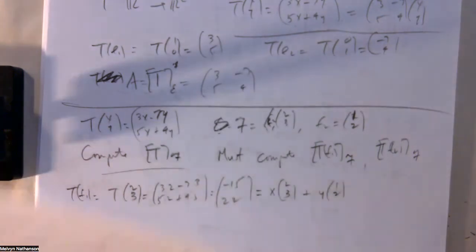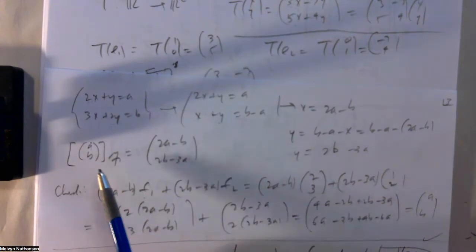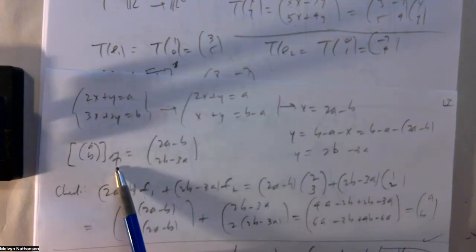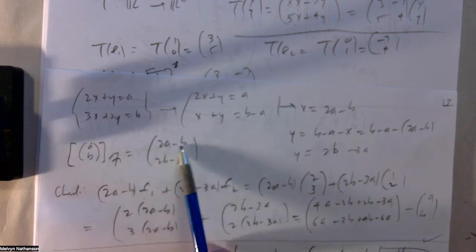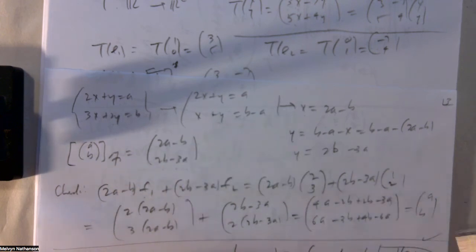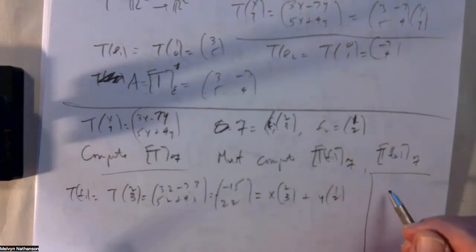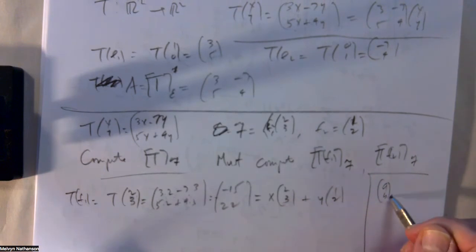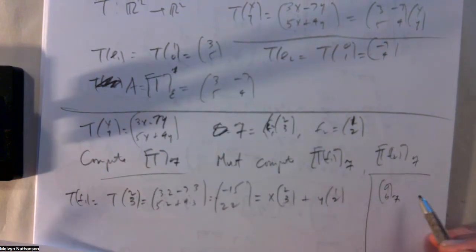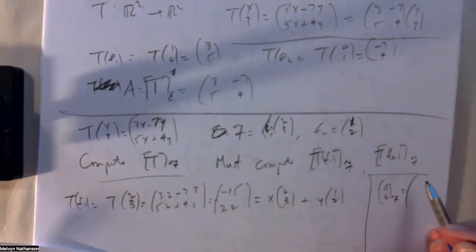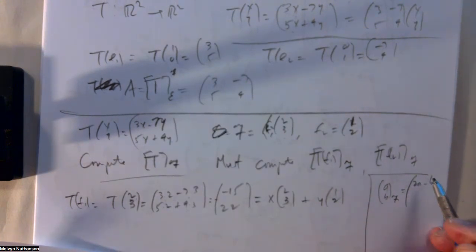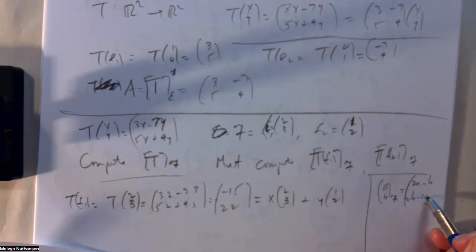At the beginning of this lecture, if I took the vector (a, b) and I wanted to write it with respect to the basis F, the coordinate vector was (2a minus b, 2b minus 3a). So let me just jot that down over here. If I take any vector (a, b) in R2, the coordinate vector with respect to F is (2a minus b, 2b minus 3a).